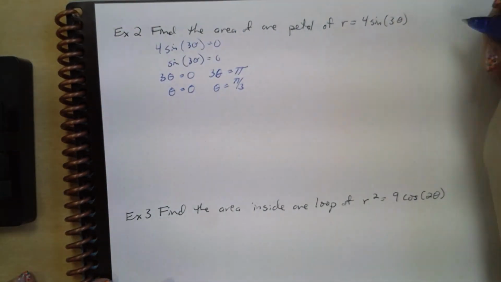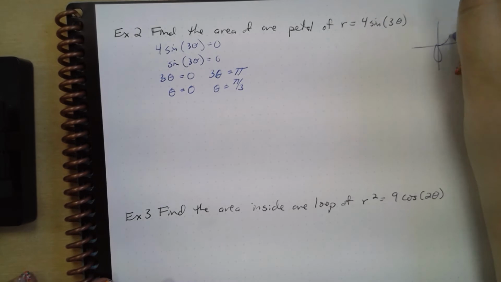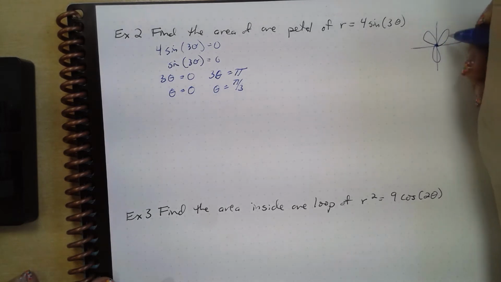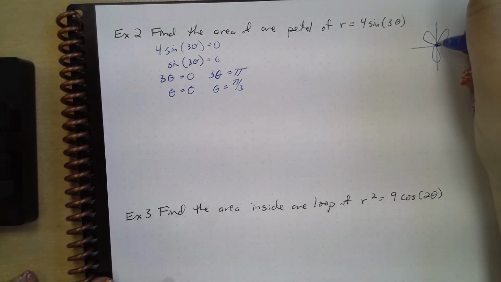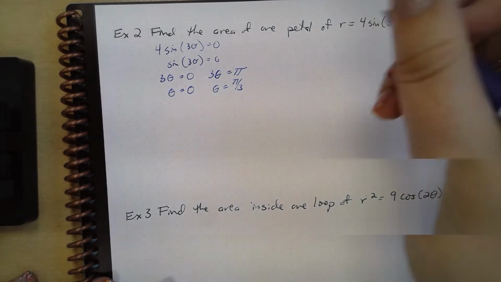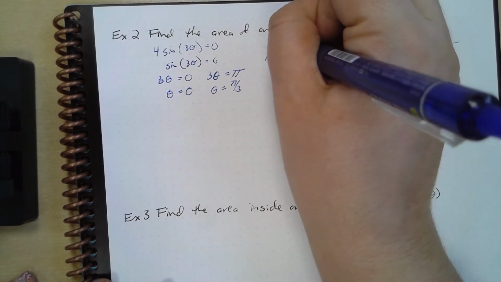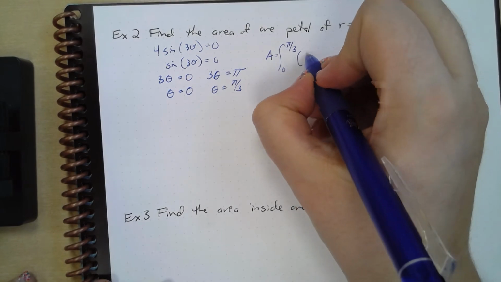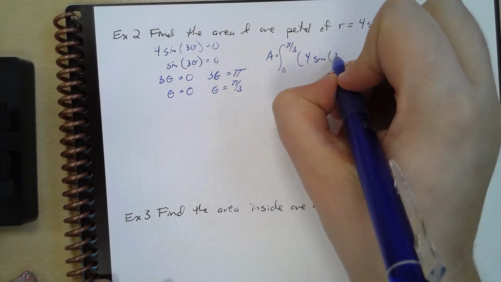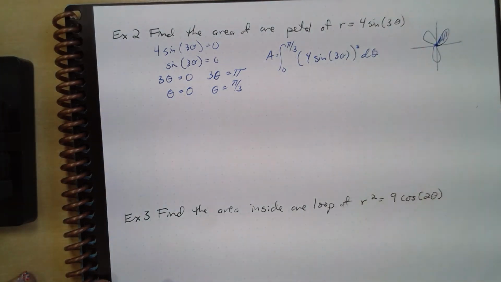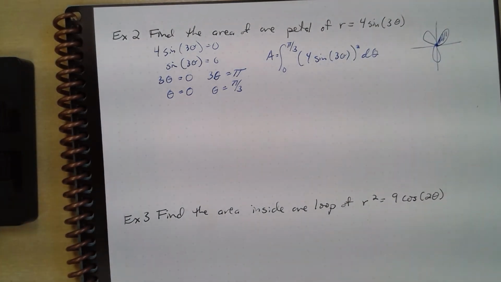So we know that in this graph, if we start at 0, at pi over 3 is going to give us one loop, one petal there. So that's how we can find our area. Our area is going to be equal to the integral from 0 to pi over 3 of 4 sine 3 theta, quantity squared, d theta. Okay? And I'm just going to put that in my calculator.